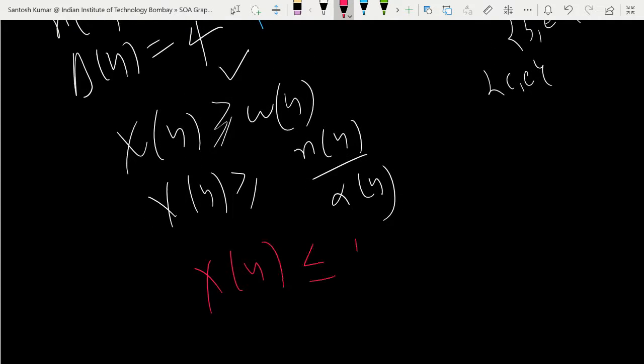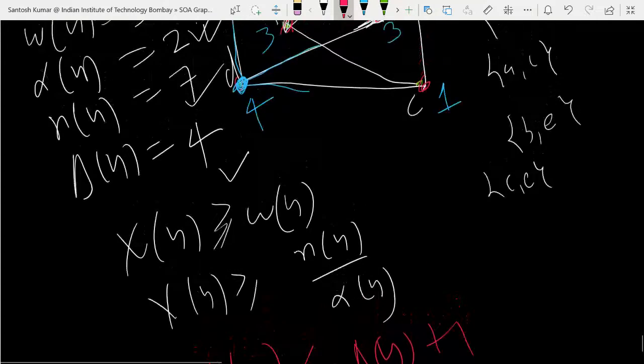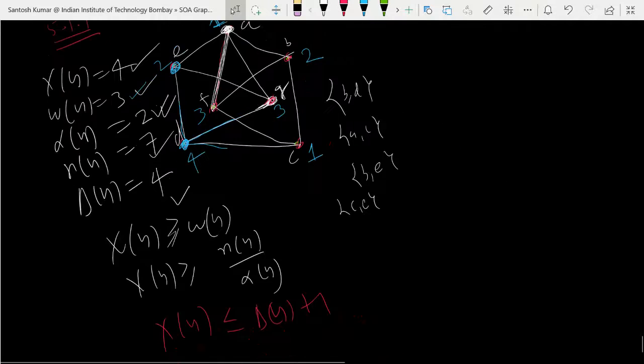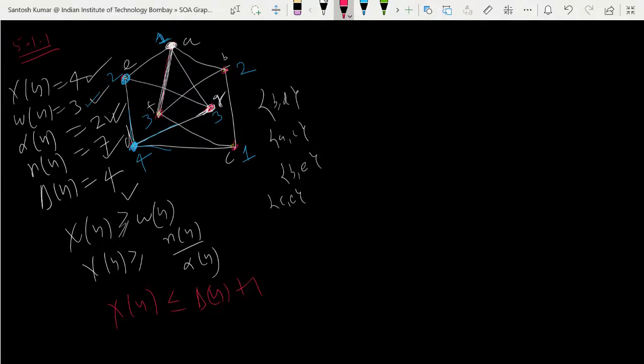Chromatic number of G is less than or equal to delta G plus 1. So we can check that all will be satisfied. 4 is greater than or equal to 3, 4 is greater than or equal to 7 upon 2, which is 3.5, and 4 is less than or equal to 5. That is fine.